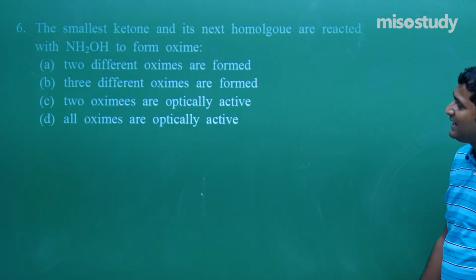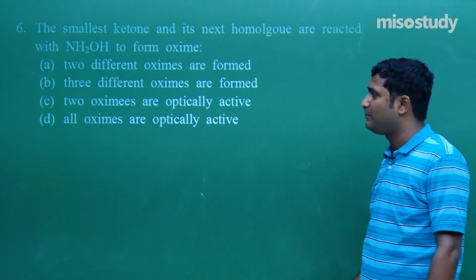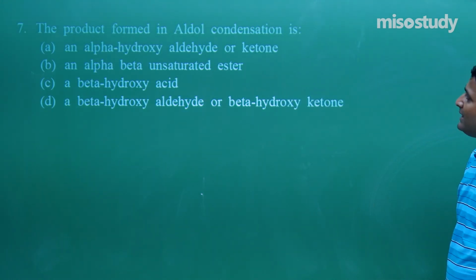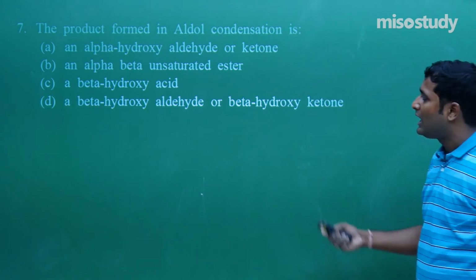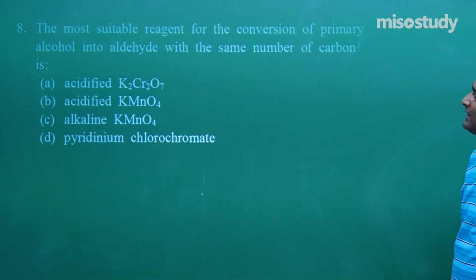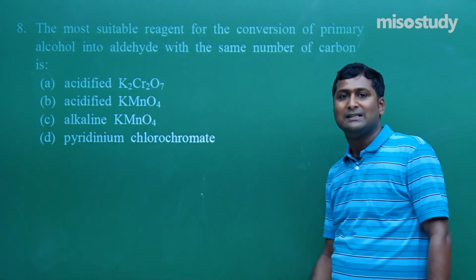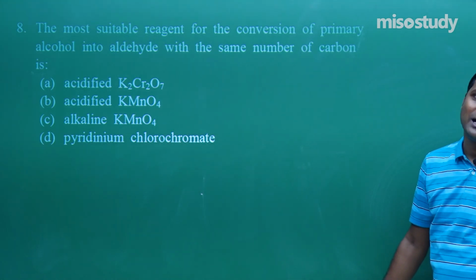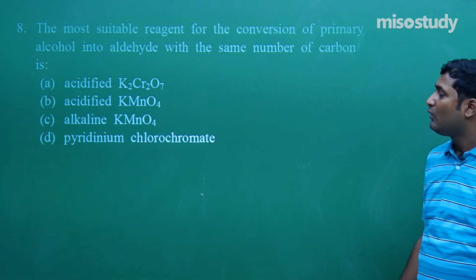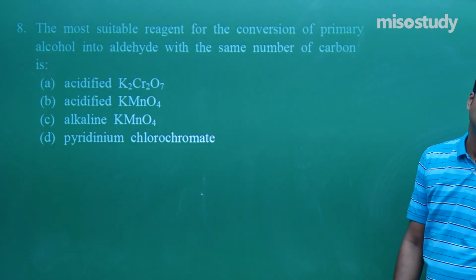Now for question number 6, it forms 3 different oximes, and B is the correct option. For question number 7, the product formed in aldol condensation is a beta hydroxyaldehyde or beta hydroxyketone. For the conversion, as I told you, if I use the other reagents, the aldehyde will again convert to acid. So to prevent the further conversion of aldehyde into acid, we have to use PCC, pyridinium chlorochromate. So for this question, D is the correct option.